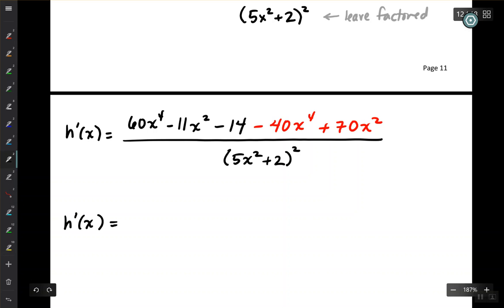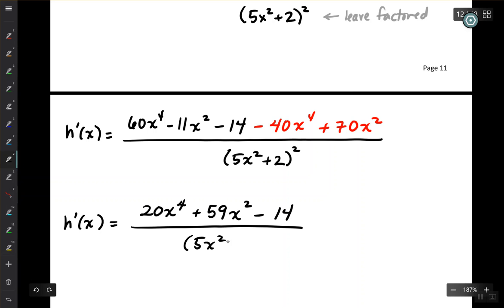Almost done. 60x to the fourth minus 40x to the fourth is 20x to the fourth. And then minus 11 plus 70 gives me 59x squared minus 14, all over my denominator squared.